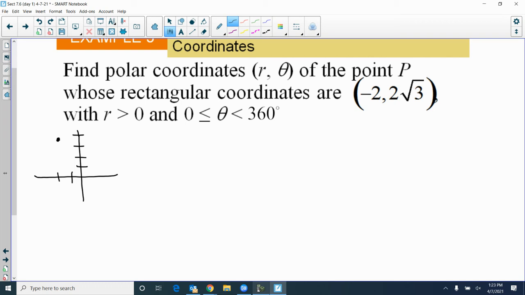Well, how do I find the r value? It is r equals the square root of x squared plus y squared. All right, try that without punching anything in your calculator. See if you can do it without calculator. It comes up to a nice number. Good practice here with your radicals.